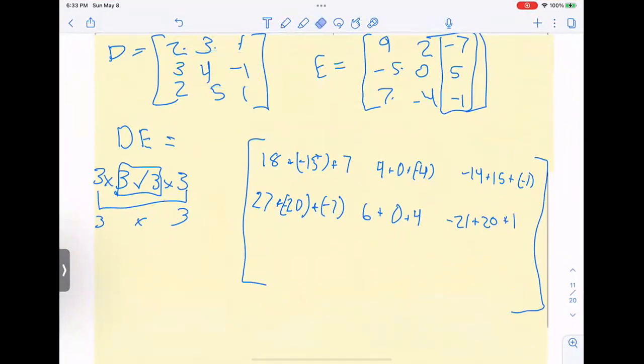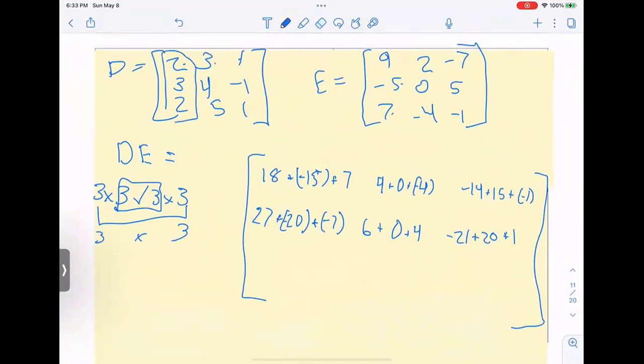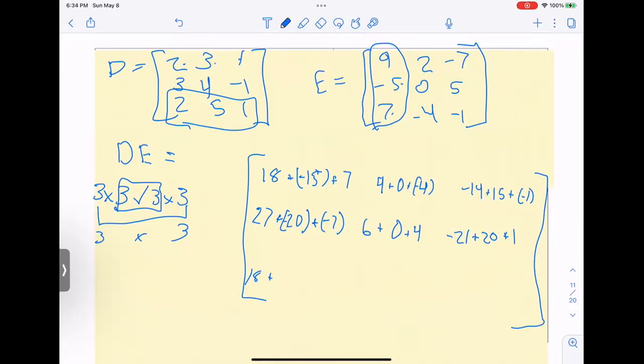Now, we want to find the third row. Third row times first column, which is 18 plus negative 5 times 5, negative 25, plus 7 times 1, which is 7.